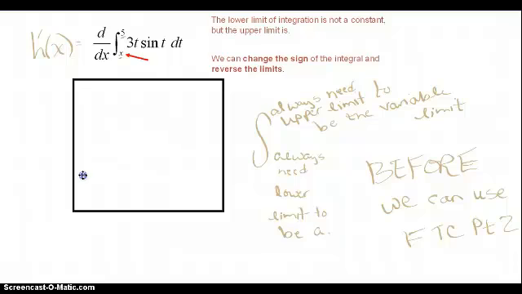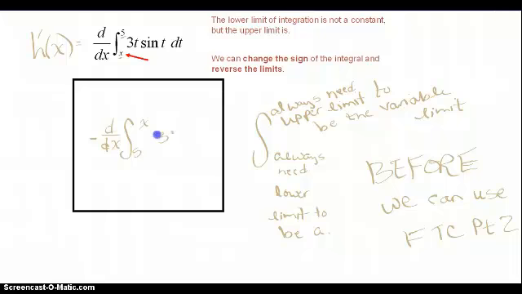So that's an issue. Do we know how to fix that? Do you remember that there is a property of the definite integral that says I can pop a negative out front and I can reverse the limits of integration?